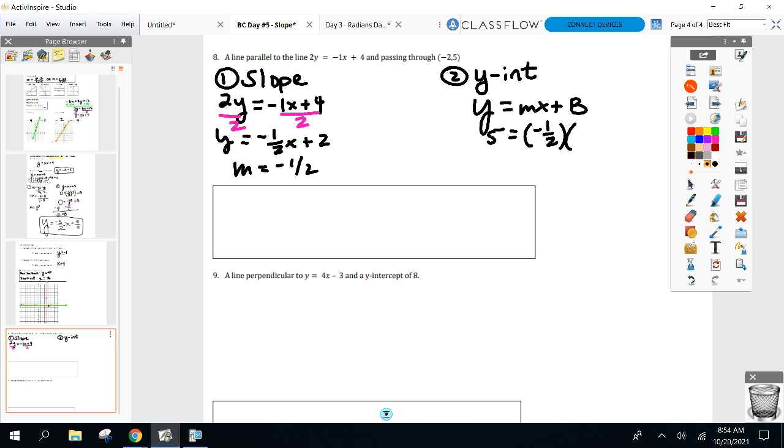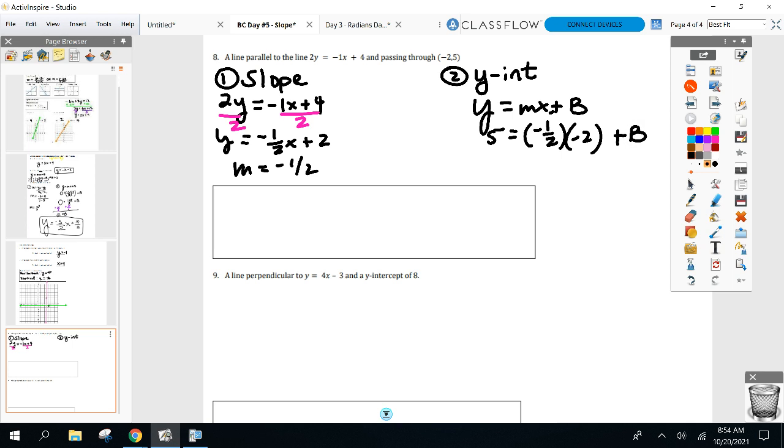Negative 1/2 x plus 2, where m is your slope, negative 1/2 times the x coordinate. What's the x coordinate? Negative 2. So times negative 2. Negative 1. We good there? Yeah. Plus b. I'm going to solve for b.